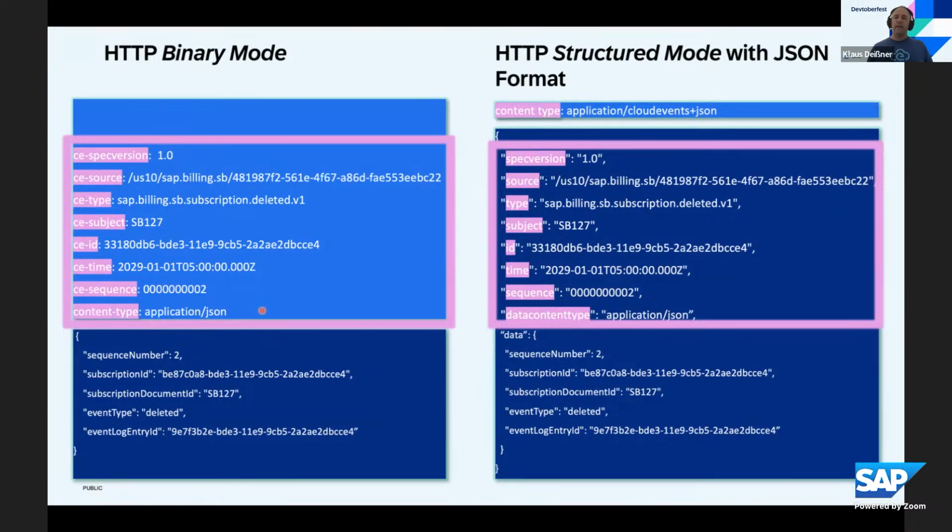And here you see that the Cloud Event attributes and the business data are put together into one single data structure, JSON structure here, and that's the difference. You see also that the content type of the HTTP message is now Cloud Events plus JSON. So it's making clear that the body of the message contains a complete Cloud Event, while the content type of the payload is now called data content type and is actually shown here.